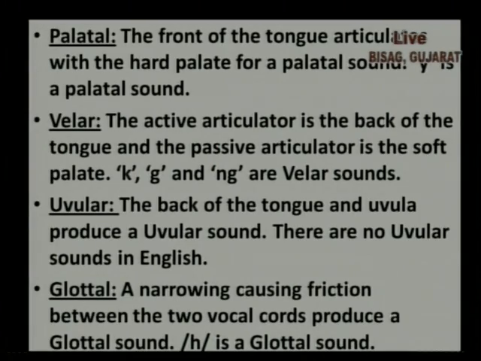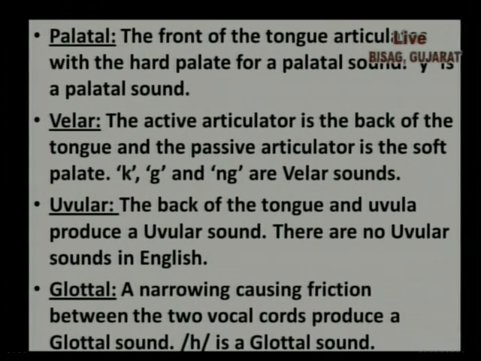Okay. Now, from now on, we'll be talking about the sounds that occur from the back of the tongue. Velar, uvular, and glottal. They all deal with the part of the tongue that is at the back. In the velar sound, the active articulator is the back of the tongue, and the passive articulator is a soft palate that is above the hard palate. K, g, and ng are the velar sounds.